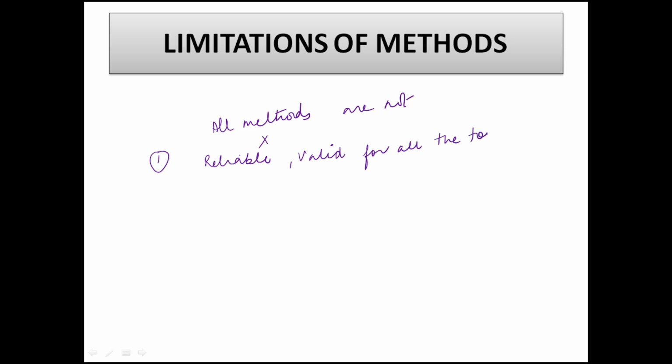Now the limitations of the methods: all methods are not reliable or valid for all the topics. You can write like this: all methods are not reliable, valid for all the topics. Second, all mental abilities, like when I taught you the intelligence part, there are 120 mental abilities given by Guilford.